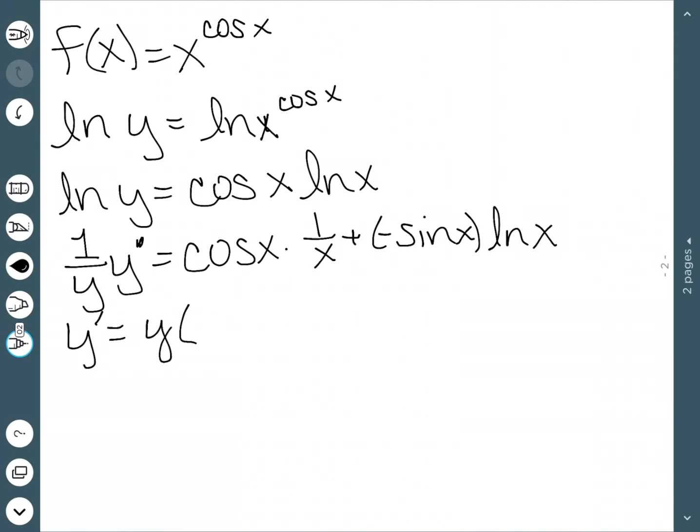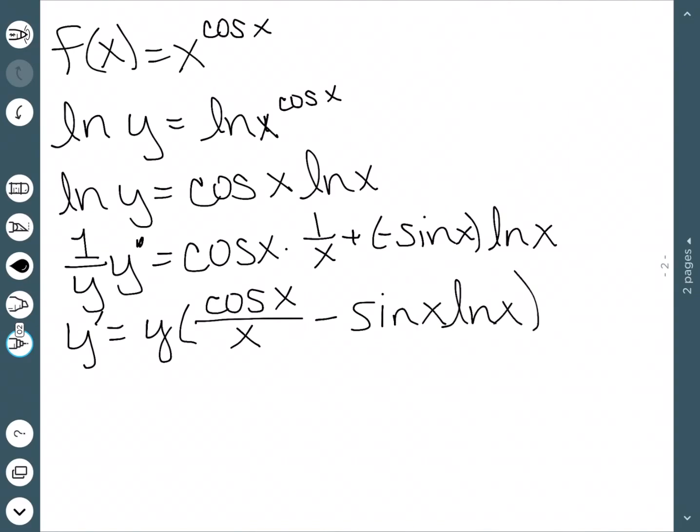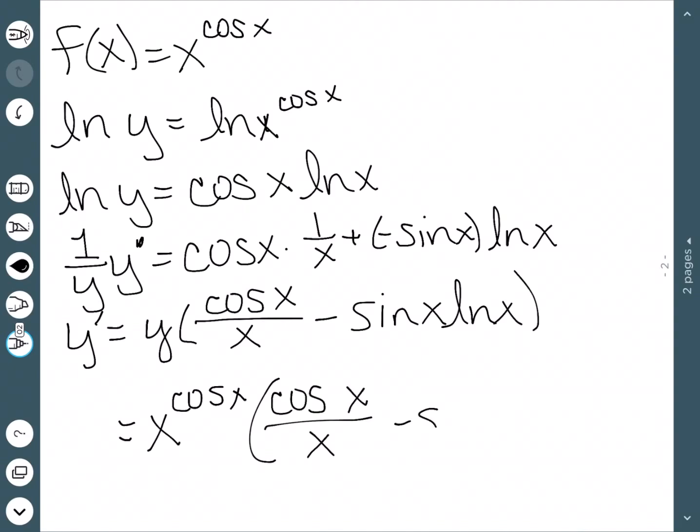So now I have y times cosine x over x minus sine x ln x. And once again, I can change the y to, in this case, x to the cosine x times cosine x over x minus sine x ln x.